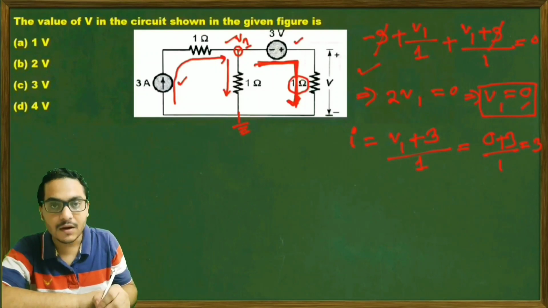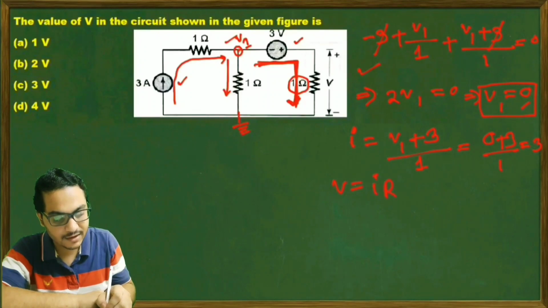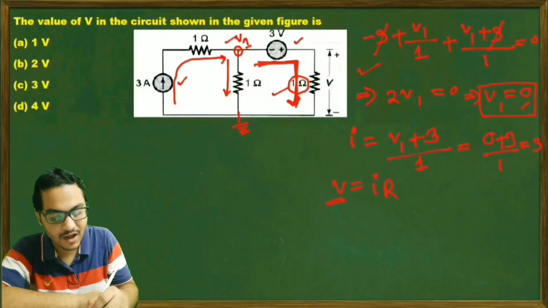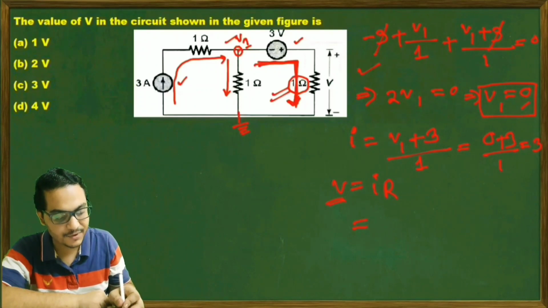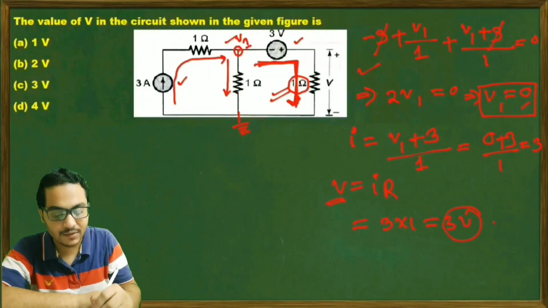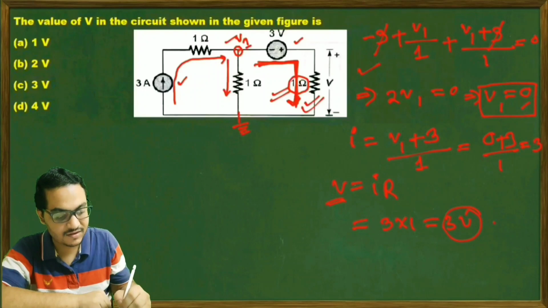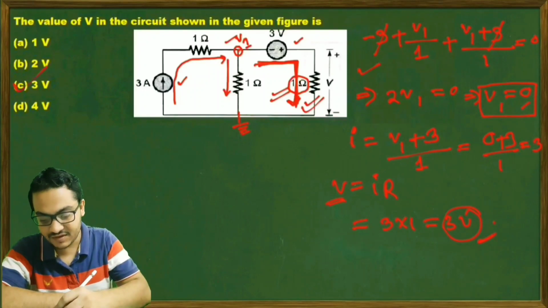Now, by using Ohm's law, we know that V equal to I into R. Here V is the voltage across this 1 ohm resistance, and the current flowing through 1 ohm resistance is 3 ampere. So 3 into 1 equal to 3 volt. So the voltage across this 1 ohm resistance is 3 volt. Okay, so your option C is your right answer.